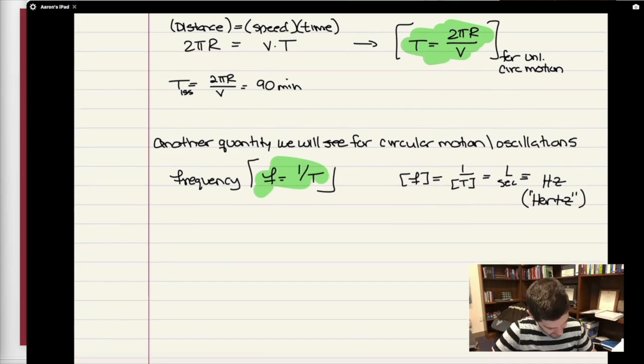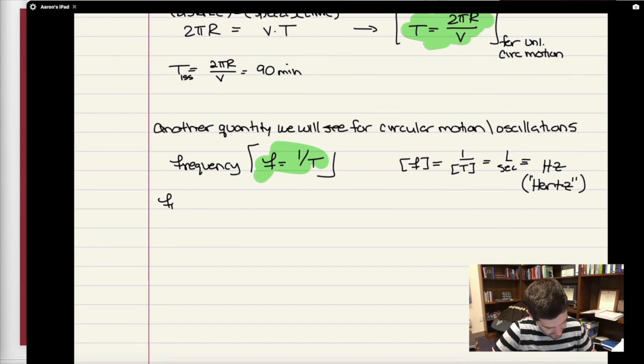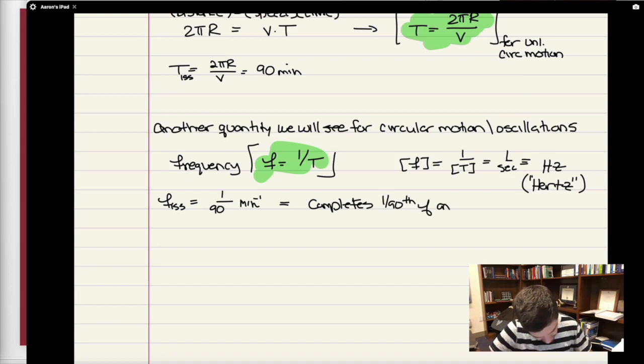So for example, the frequency of the ISS, I said the period was 90 minutes. So the frequency would be 1 over 90, minutes to the minus 1, or per minute. So the interpretation is that it completes 1/90th of an orbit per minute.